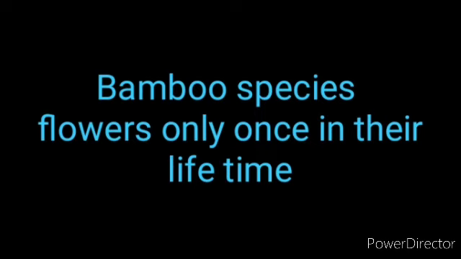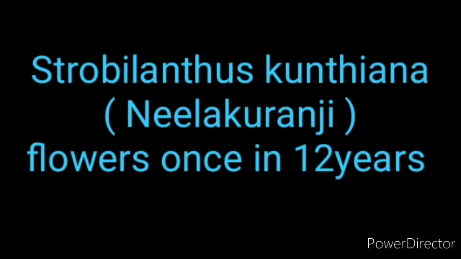Bamboo species can survive close to 100 years, but at some point they will give flowers and that plant will die off. Then the banana plant also gives flowers only once in its lifetime.